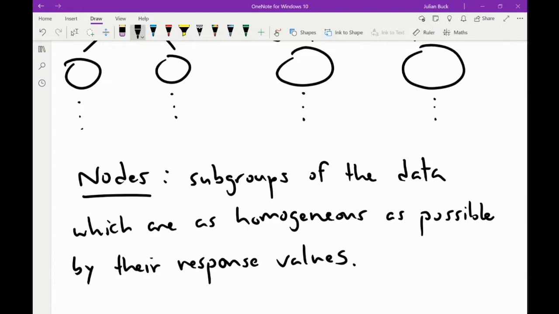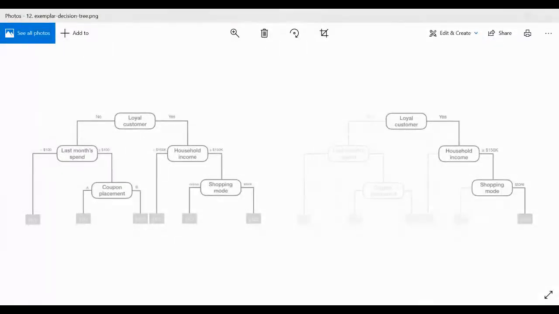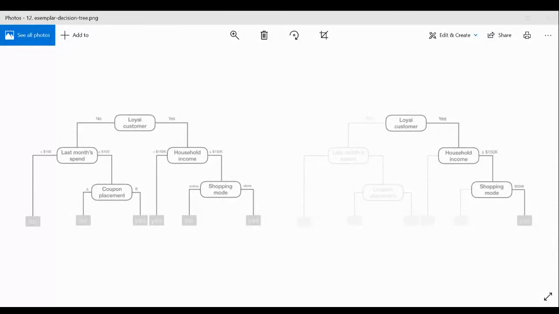So going back for one moment to the previous example image, to give an idea of what we mean by that. If we think about the split, loyal customer, yes or no, that being the first split, what that's telling us is, now, it's probably not the case. We certainly wouldn't expect it to be the case that all loyal customers redeem coupons and all non-loyal customers don't.